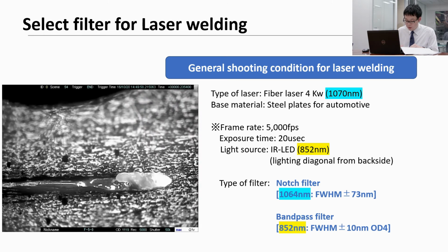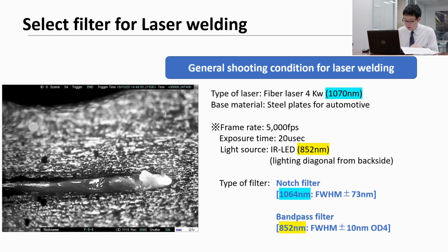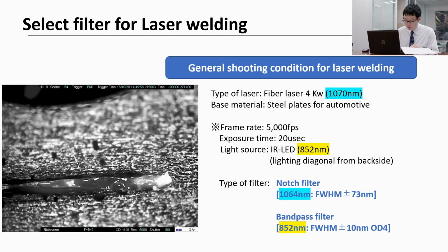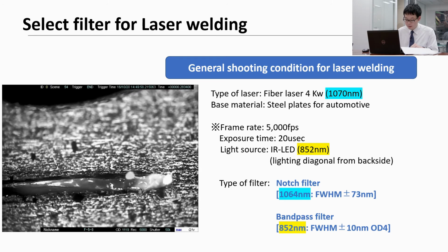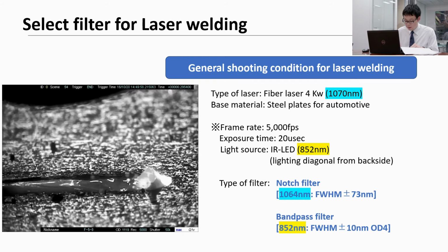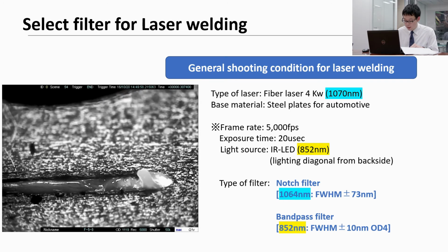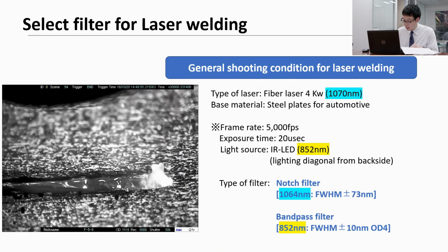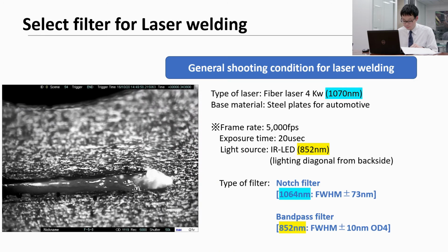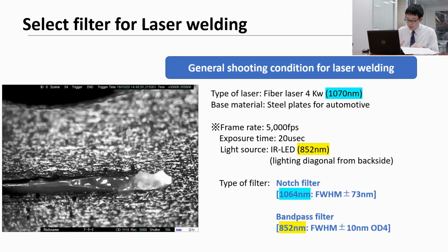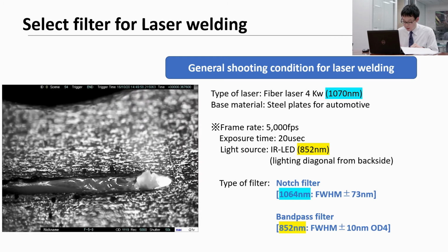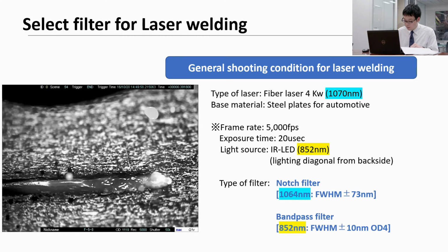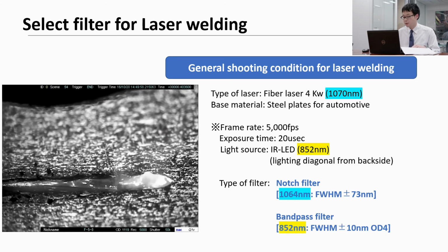Then we used 1064 nanometer notch filter to block strong light of 1070 nanometer wavelength fiber laser. And we used 852 nanometer bandpass filter to transmit 852 nanometer IR LED light source. Like this example, we need to select appropriate filter considering the type of laser welding and light source.